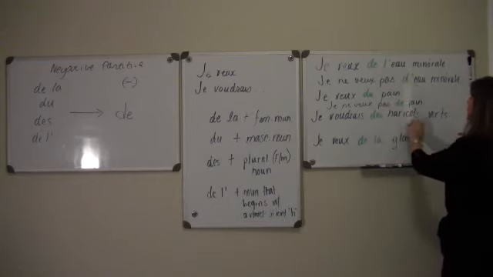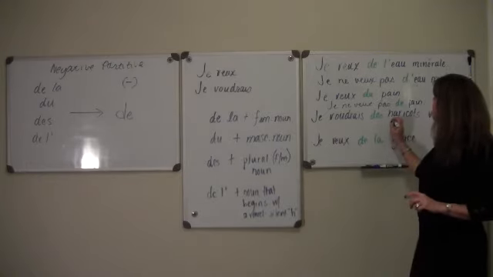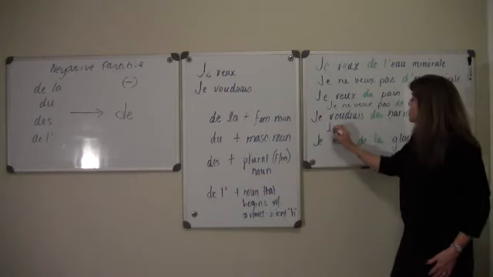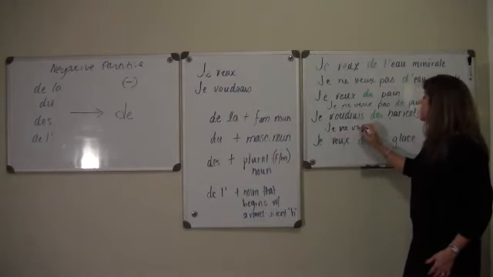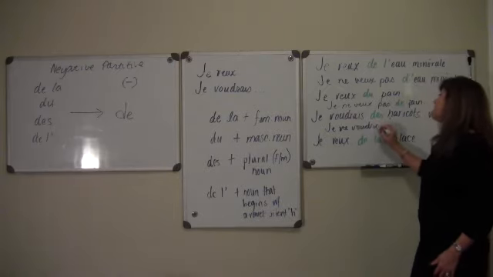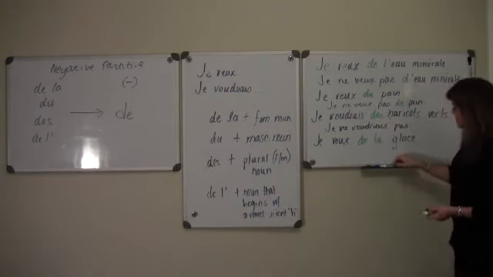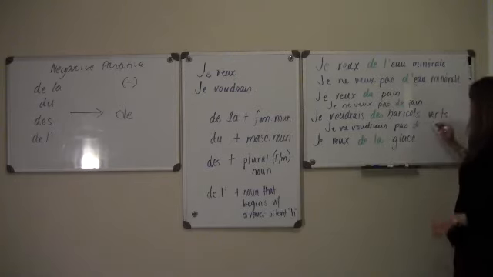Je voudrais des haricots verts. Okay, this one's a little bit tricky, guys. Haricot is not a silent H. So it's je ne voudrais pas de haricots verts.